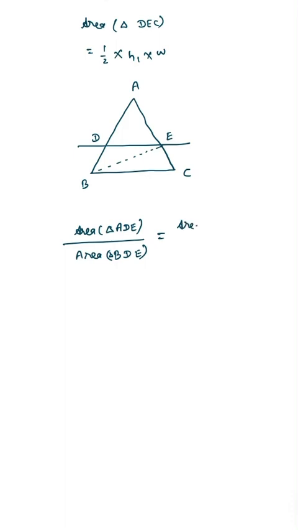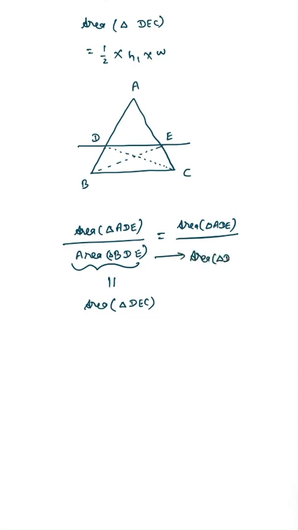Now again in the numerator we have triangle ADE. Now we know that if we consider triangle DEC, since these two triangles are within the same parallel lines and they have the same base, their areas will be equal. We had understood this in the previous concepts discussion.